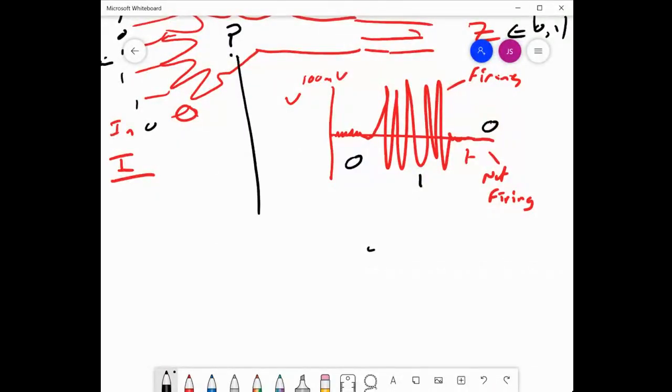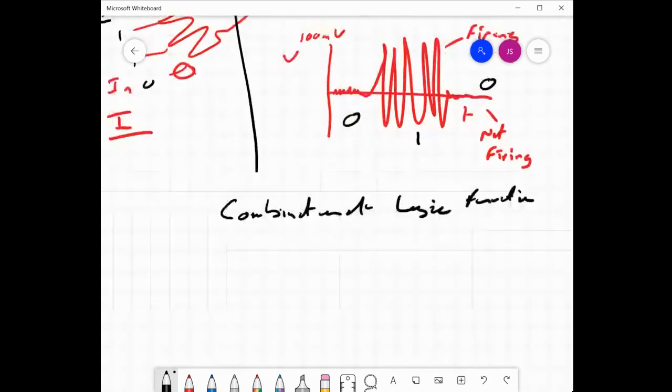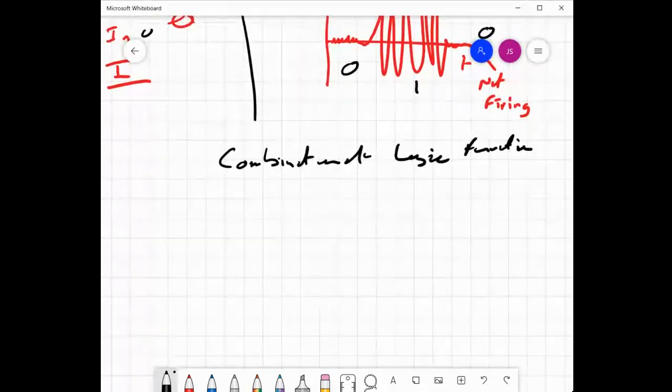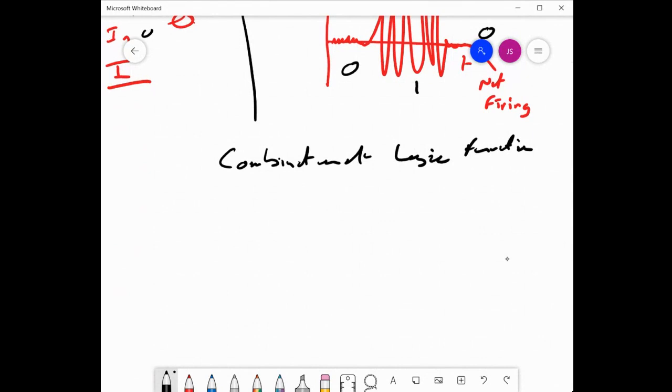So the candidate operation in the cell is a combinational logic function. So let's now consider a very stylized picture. So this is the letter T. This is another letter T with a sloping top. And there is a third letter T with a short vertical.